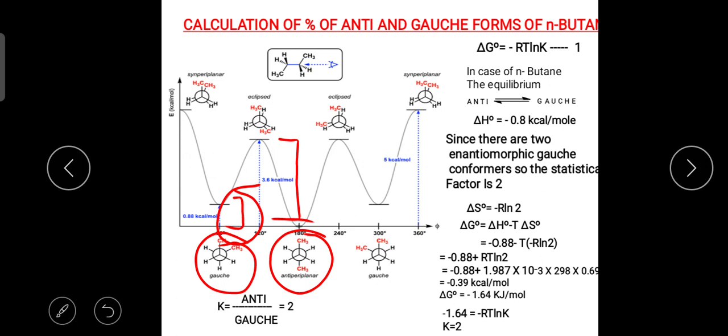The anti form in n-butane is about 64%, which is more stable because it has low steric hindrance, and the gauche conformers in n-butane are about 34%, and this percentage decreases due to butane-gauche interactions.